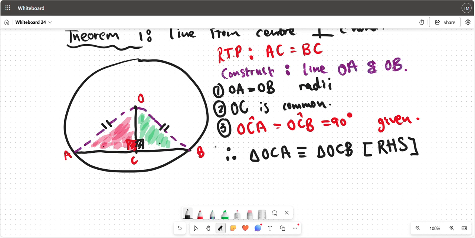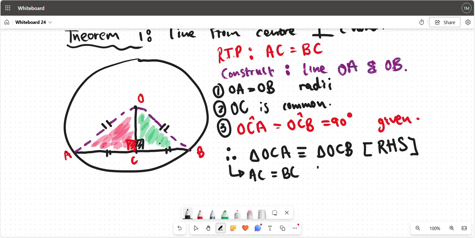If those are exactly the same, then it goes to tell me that actually AC and BC are equal. So this then follows that AC is going to be equal to BC.